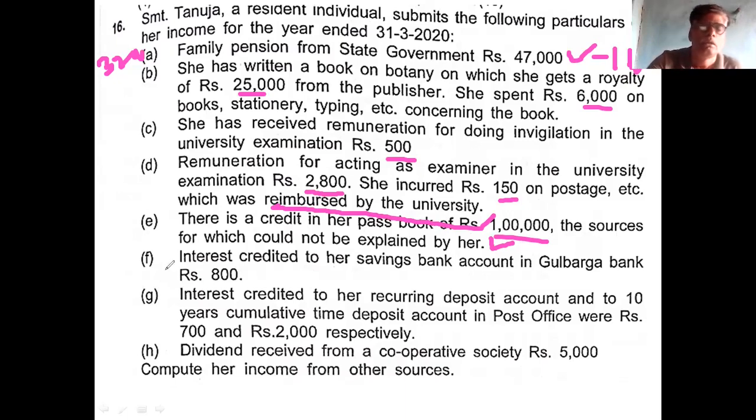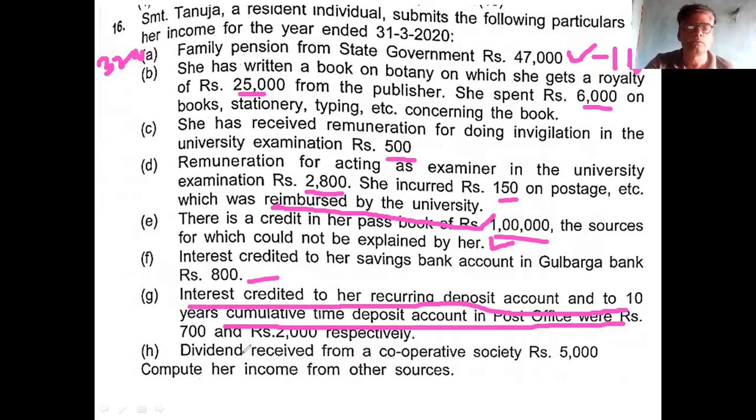Then interest credited to her savings bank account 800 is there. This is taxable. SB account interest with bank is taxable. Post office is exempt. Then interest credited to her recurring deposit.